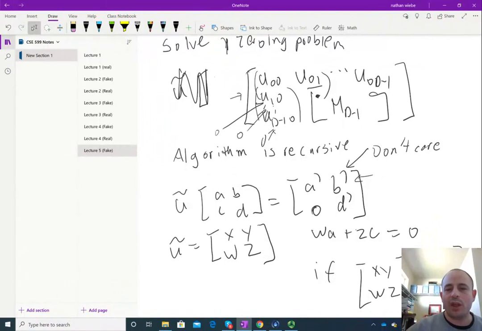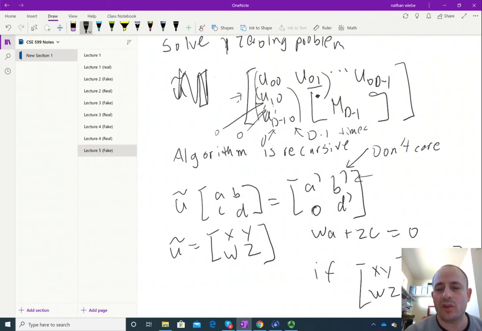We need to apply this approach once, twice, all the way down to D minus 1 times. So this process has to be done D minus 1 times in order to map this to 1, 0, 0, all the way down, M prime D minus 1.